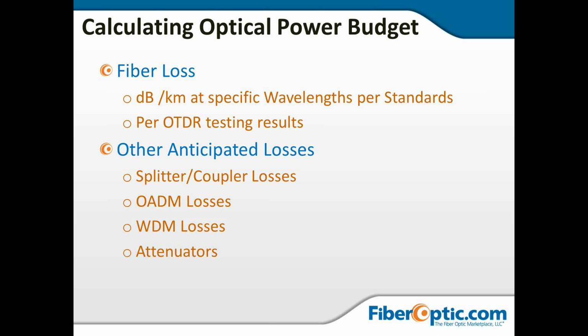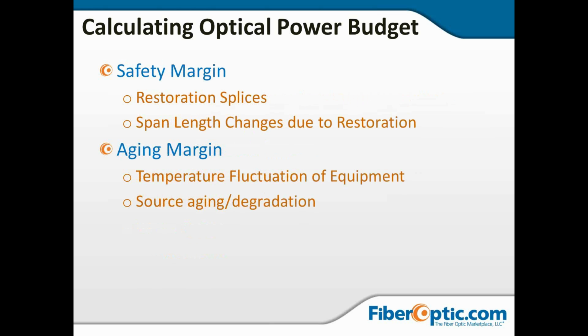So we ran single mode fiber, but it was so efficient in its transmission that we had to calculate attenuators into our plan. So these are all the things that you want to take into account when you're looking at your anticipated losses.